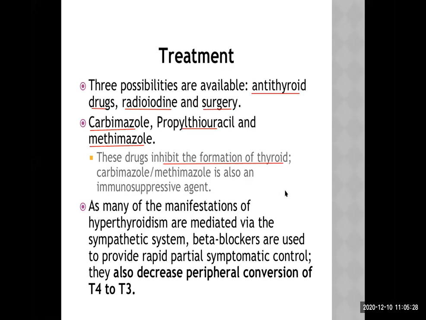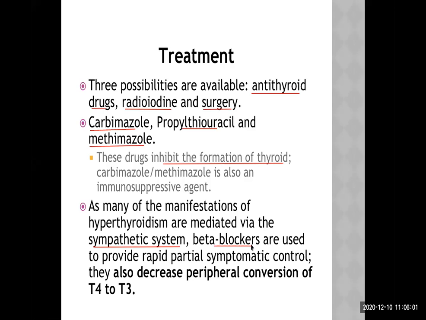So when we use this type of medicine, every 2 weeks we need to check the CBC, what is happening to the total WBC count and the neutrophil count, just to monitor the adverse effects of carbimazole or methimazole. As many of the manifestations of hyperthyroidism are mediated via the sympathetic system, we have to block the overactive sympathetic system with a beta blocking agent.